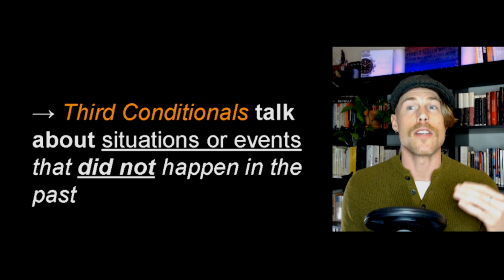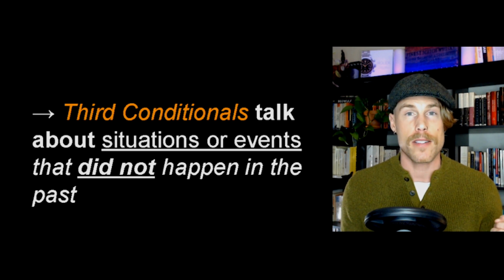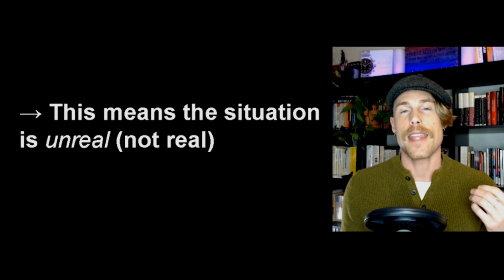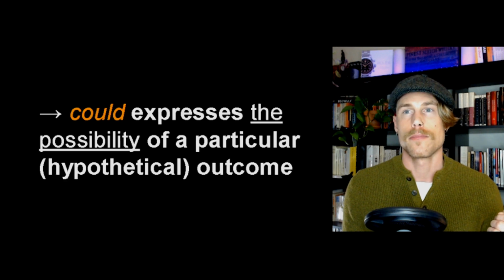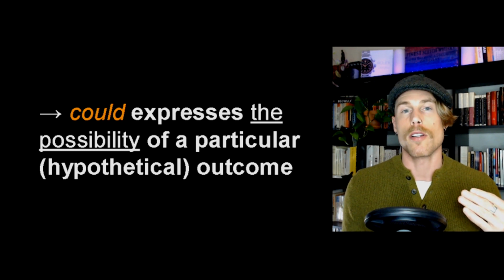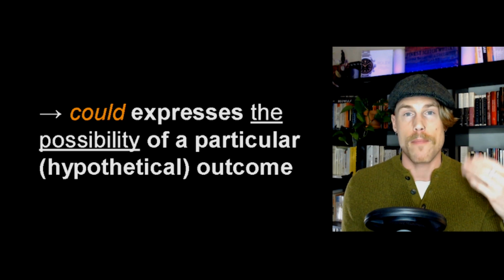These did not happen in the past, and they are unreal. They are not real and did not actually occur. Could expresses the possibility of a particular hypothetical, imaginary outcome.